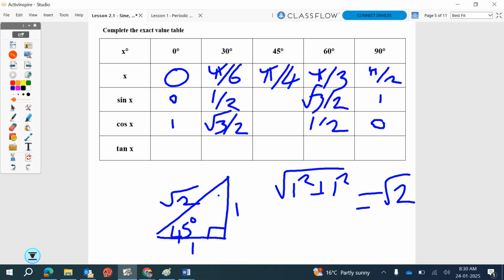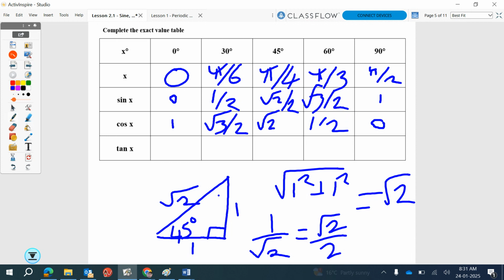So this time the sine of the angle is the opposite over the hypotenuse, which is 1 over root 2. So 1 over root 2 can be rationalized to be root 2 over 2. The adjacent is the same, so the cosine value is the same.